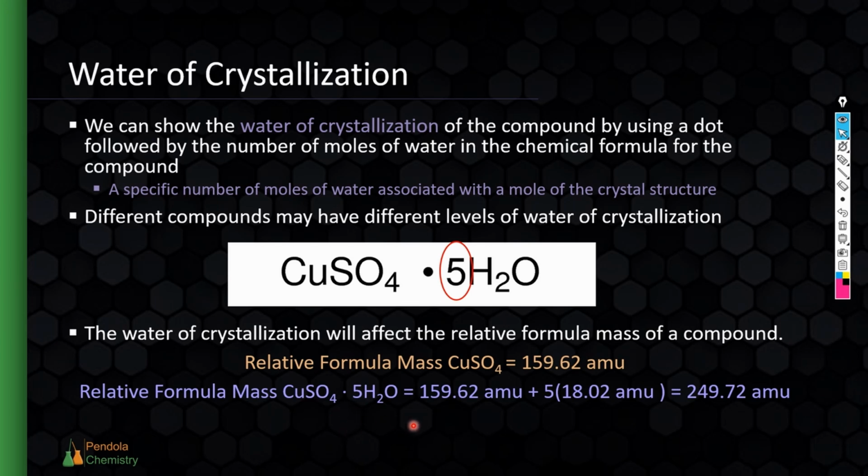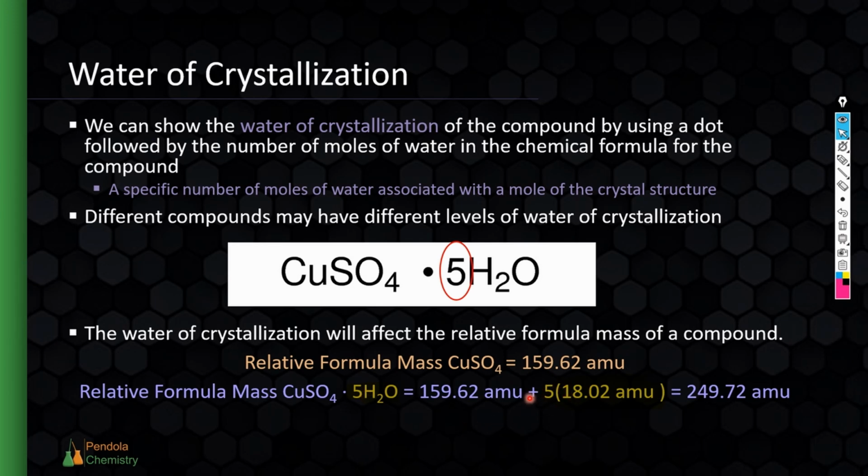If we look at the relative formula mass of hydrated copper 2 sulfate, that is 249.72. Why? Because we take the relative formula mass of the anhydrous compound, the 159.62, and to it we add the relative molecular mass of 5 water molecules.